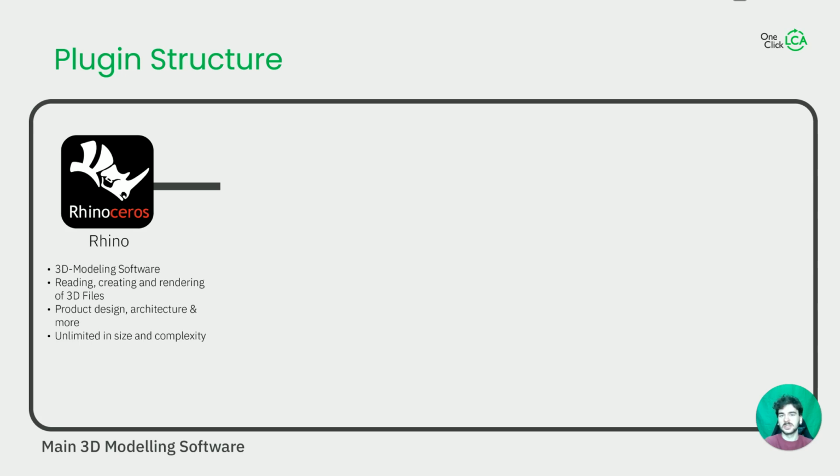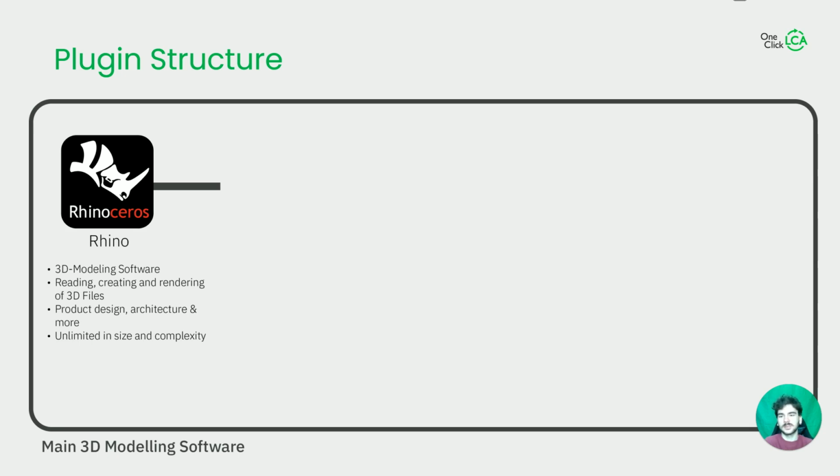It's really unlimited in its 3D capabilities. You can read and create 3D models and also render them quite sufficiently. It's really unlimited in size and complexity, so you can really realize your concepts really well with the software.